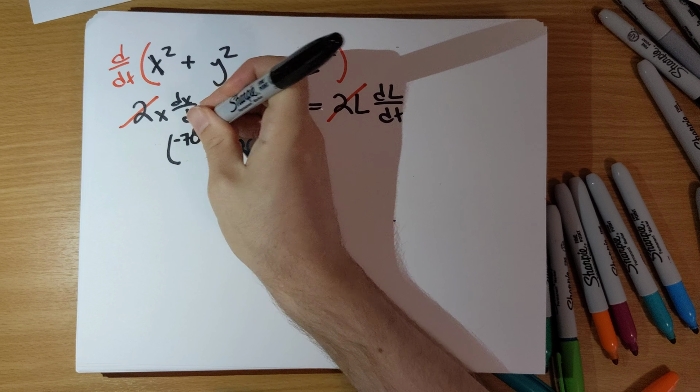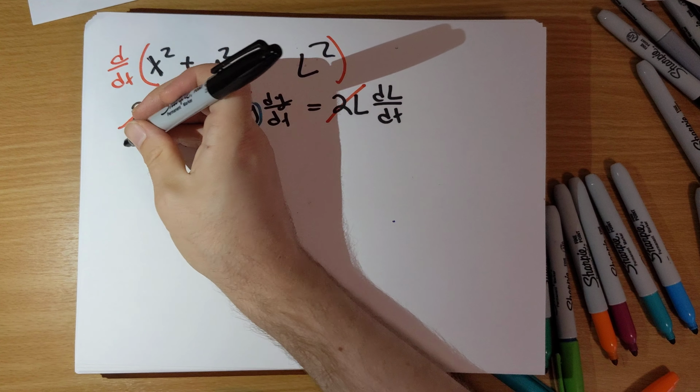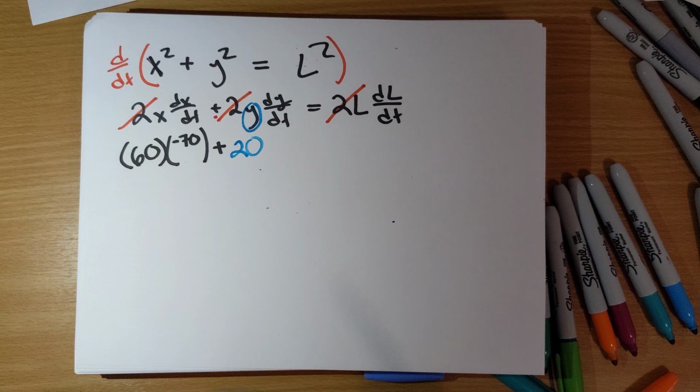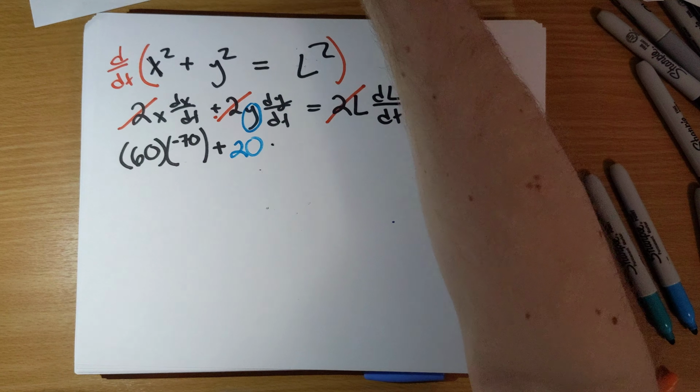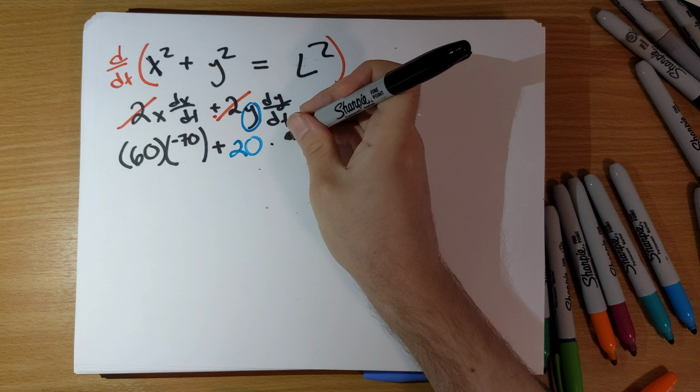So dx dt is negative 70. At what rate is the distance between the car and the race official changing when the car is 60 meters from the finish line? So that tells us x is 60 here. We also know dy dt is equal to 0. We were given that.